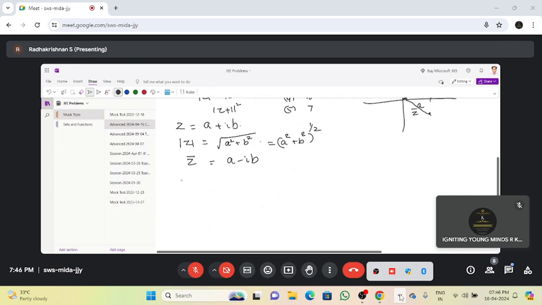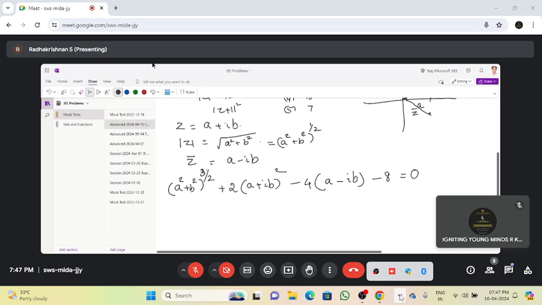Z mod Z cube, so A square plus B square whole to the power of half, cubed, so 3/2, plus 2Z square plus 4Z conjugate, so A minus IB, minus 8 equal to 0. Okay, so now let us expand these terms.